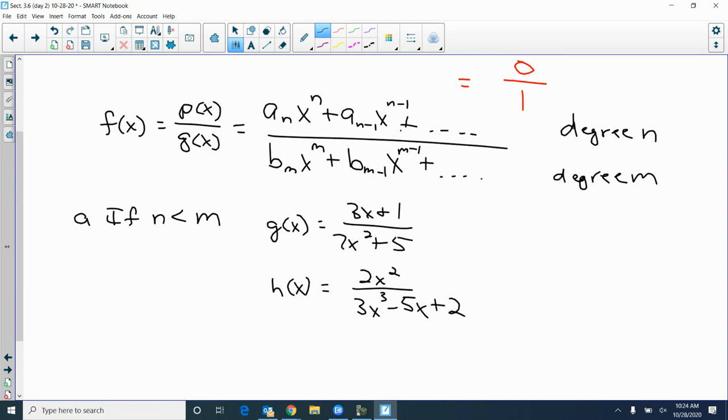What if the degrees are equal? All right, read through that. What if the degrees are equal?